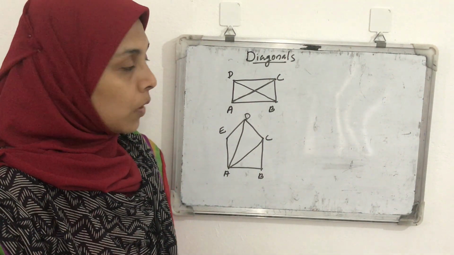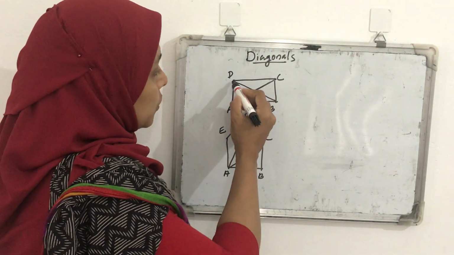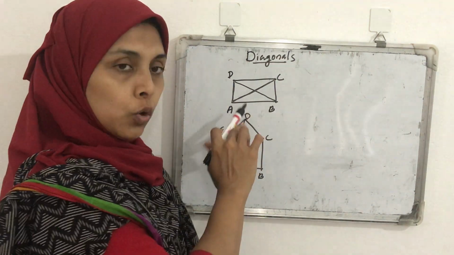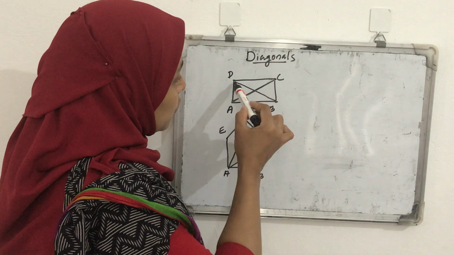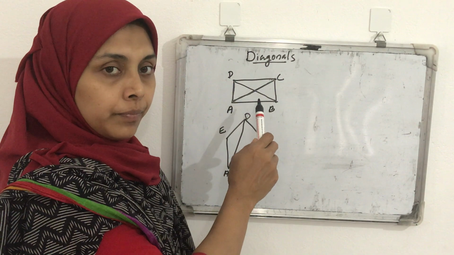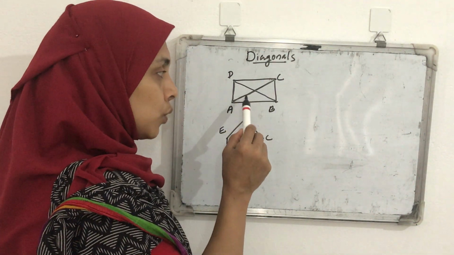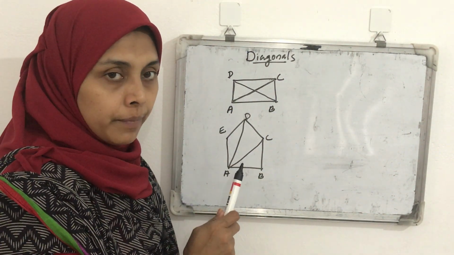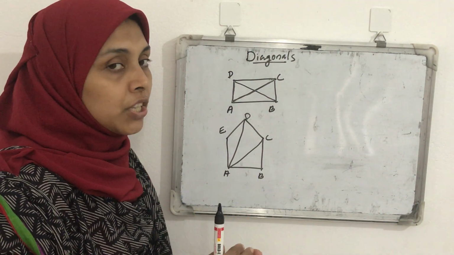Convex and concave polygons. For convex polygons, suppose we draw the same figure, a rectangle, and draw the diagonals of this rectangle. The two diagonals are in the inside part, the interior part of that rectangle. All of you know the interior part; what is the difference between the interior part and the exterior part?